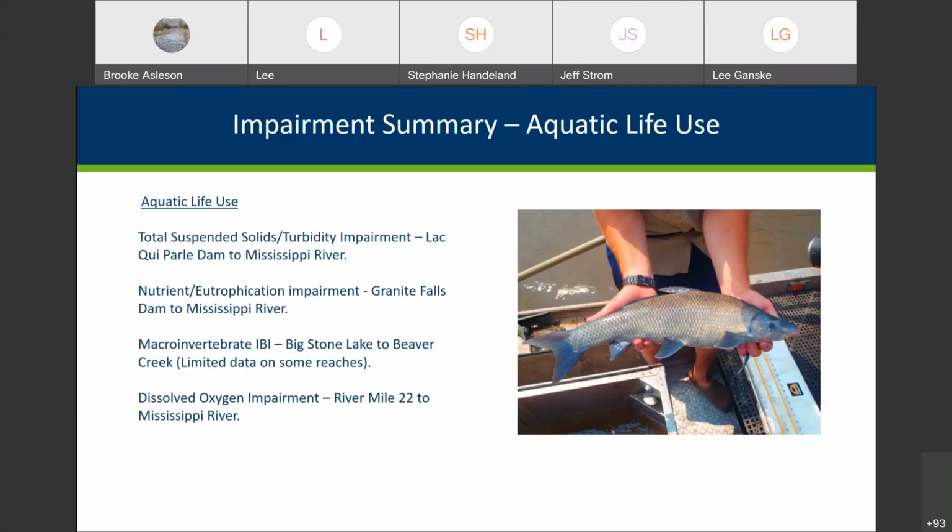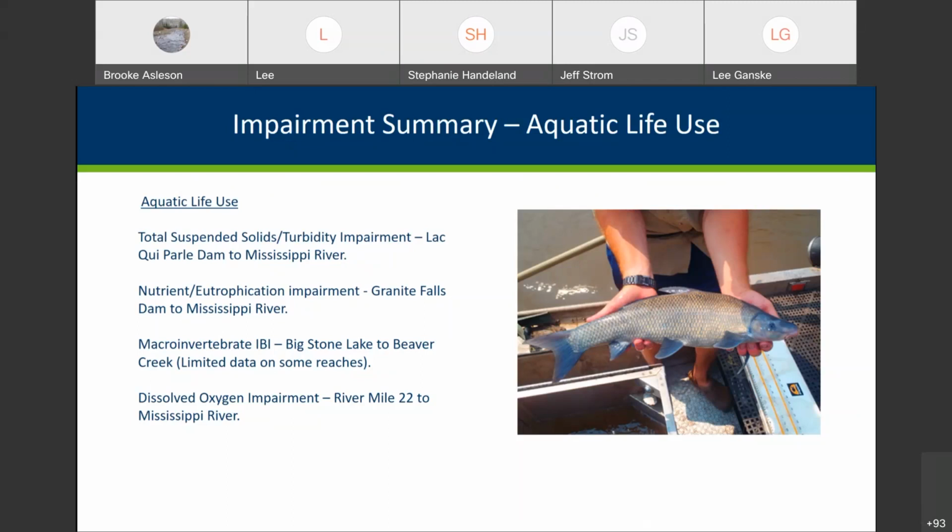And then likewise, the biota signature, we see impairments for macroinvertebrates, being the bugs that reside in the river, from Big Stone Lake to Beaver Creek. I know that's not a good landmark, but basically a section of the river that has that issue. And then you see that the dissolved oxygen impairment is on this lower section of the river, the section we're talking about today, River Mile 22 to the Mississippi River.